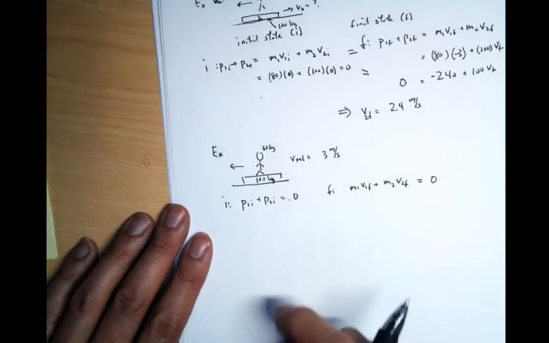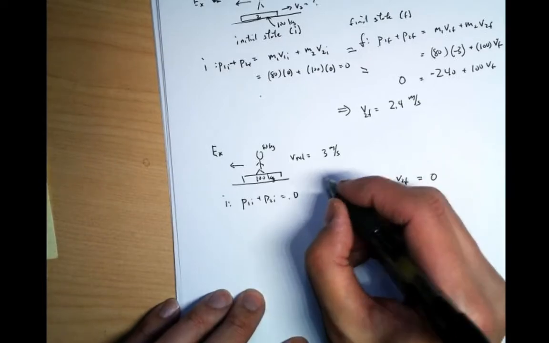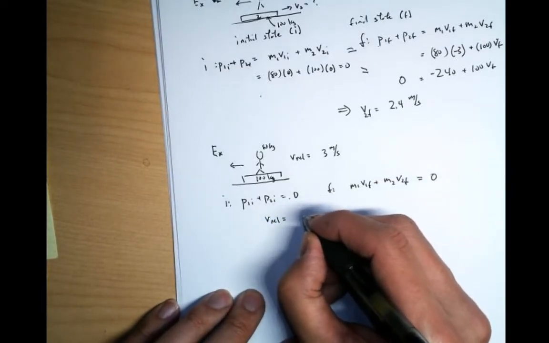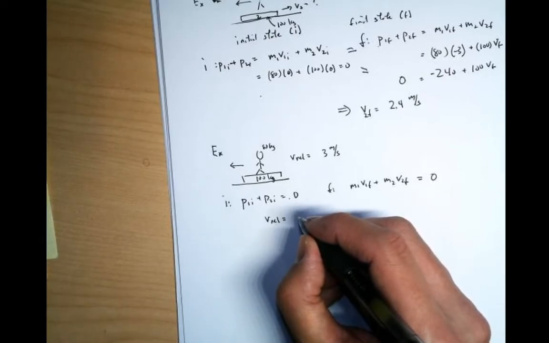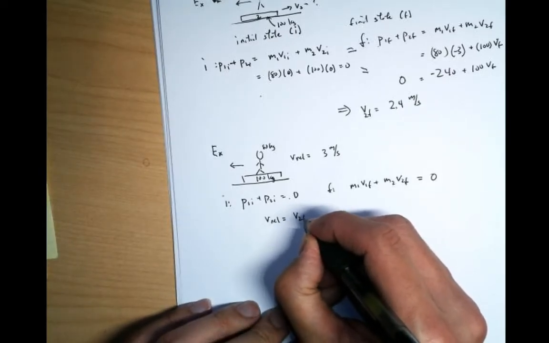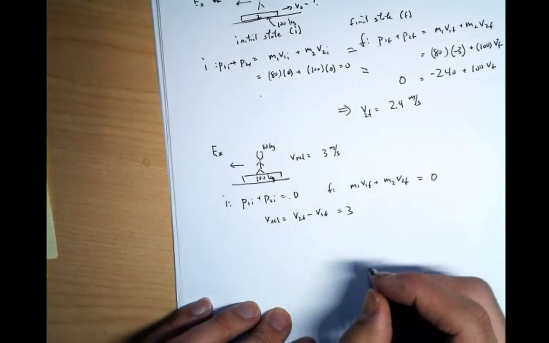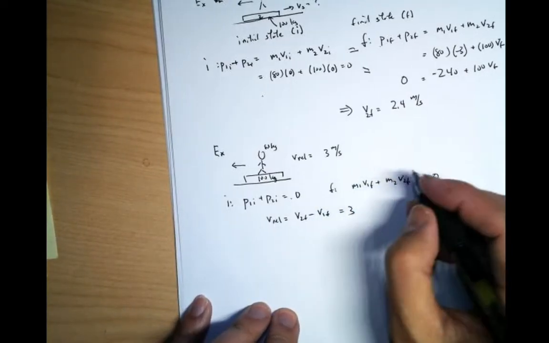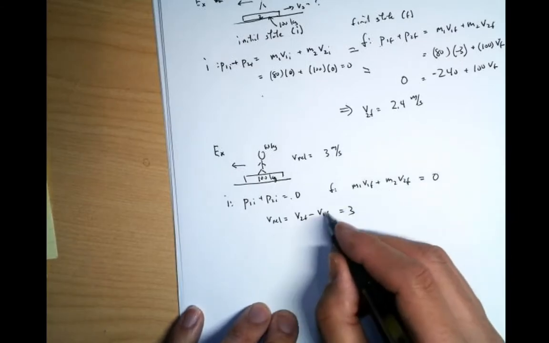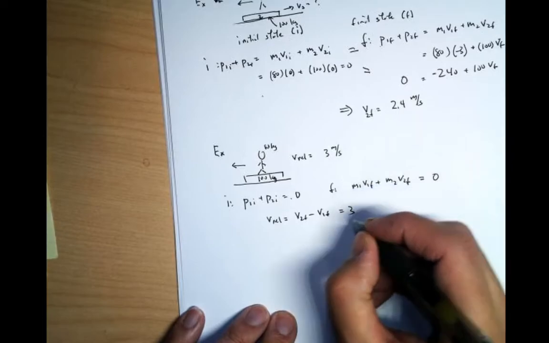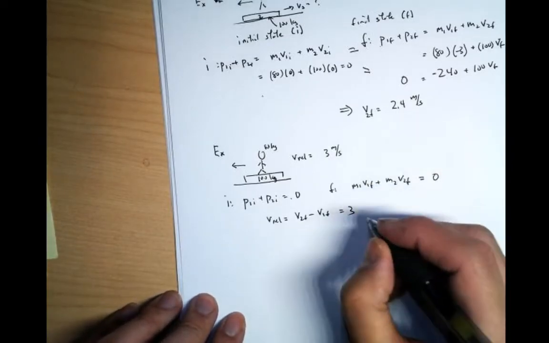But the relative velocity is that: v2f minus v1f is 3. And so basically I have two equations, two unknowns, v1f and v2f. So let's sort this all out now.